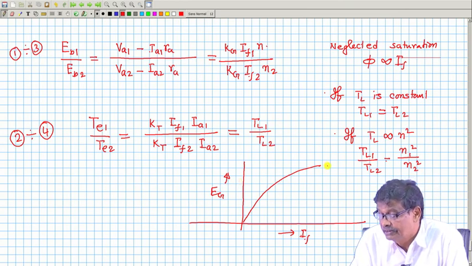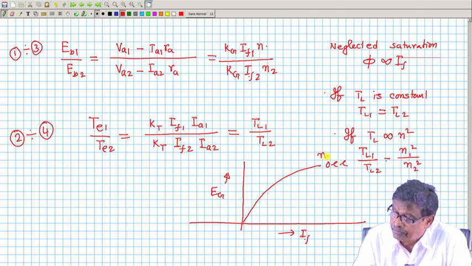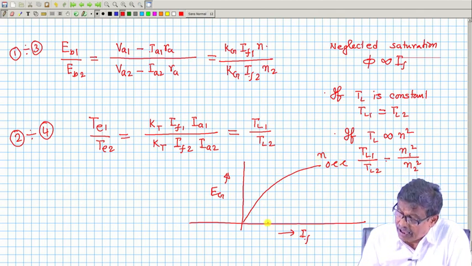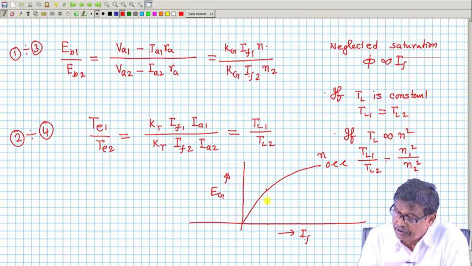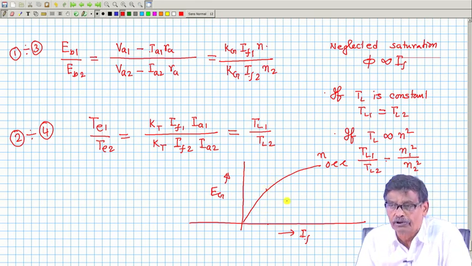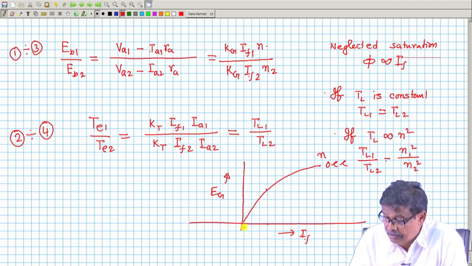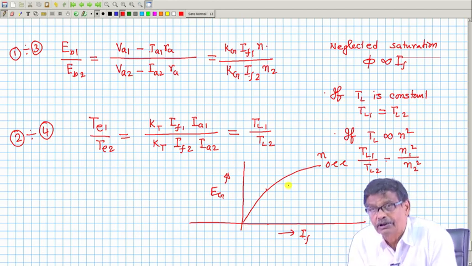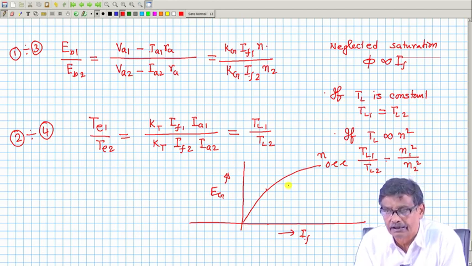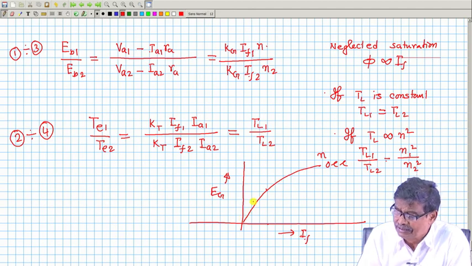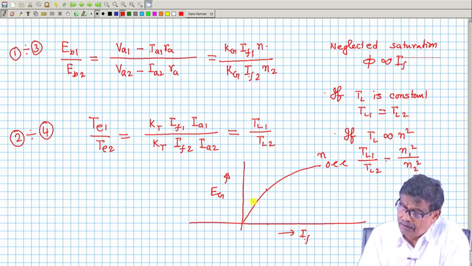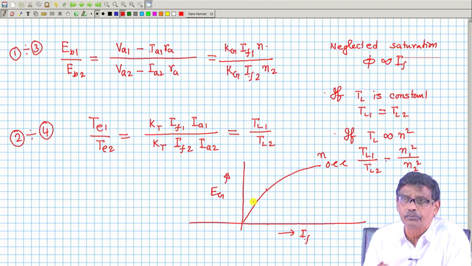Suppose this OCC I will refer to, it is at a given RPM n. Then for any value of field current, I will be able to tell what is the induced voltage. If it is IF1 and it is running at N1 RPM, from this OCC only I will be able to tell that. We discussed this earlier. Therefore, in that case, this open circuit characteristic is to be used to correctly predict this.